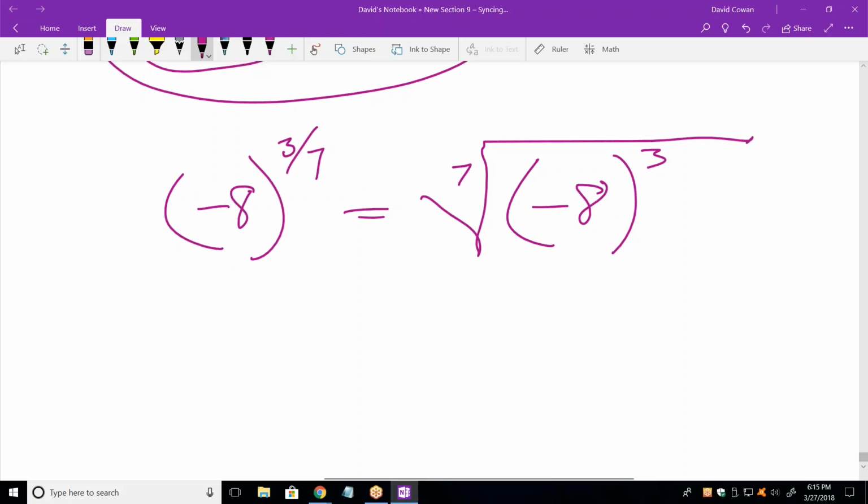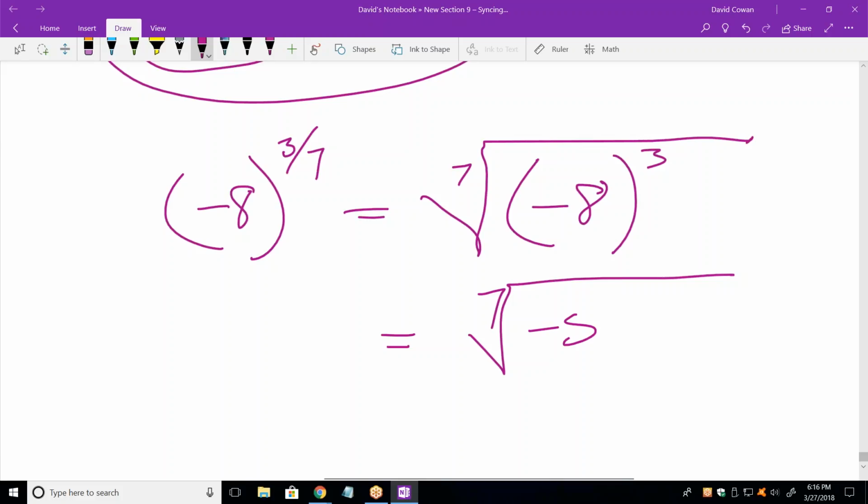Can you take -8 to the third power in your calculator? I don't know if they do or not. They probably shouldn't, but they might. -512.